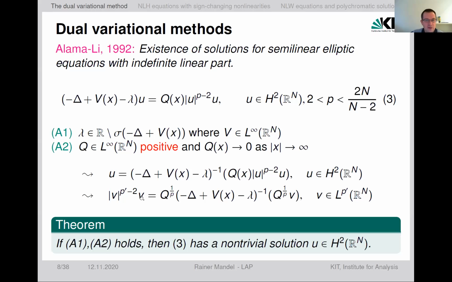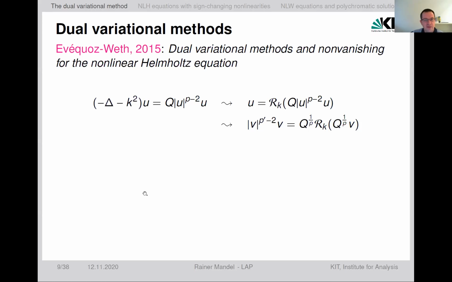But before I come to that, let me finally mention the application of Evequoz and Weth in 2015. They were interested in this nonlinear Helmholtz equation. And now the strategy is to apply the right inverse of the Helmholtz operator, R_k. I will say a word about that in a second. And following the same strategy as before, perform the variable substitution.